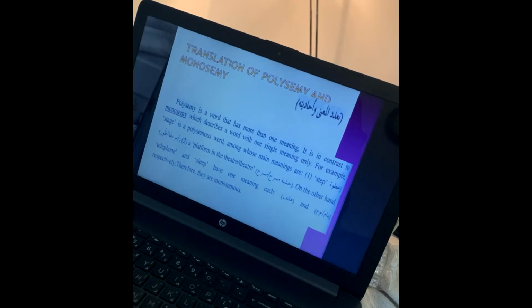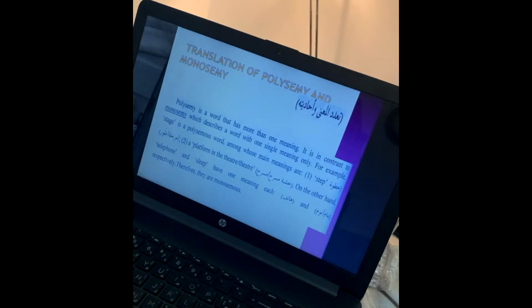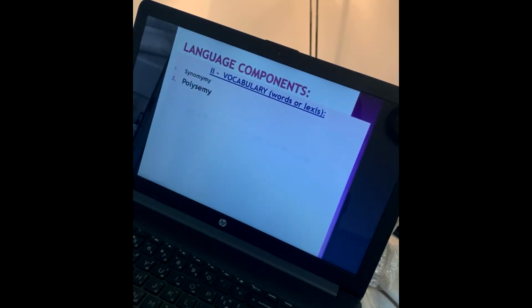There's no problem if it's one meaning. And then ينام أو نوم respectively على التوالي، وبالتالي فهما أحاديتا المعنى.